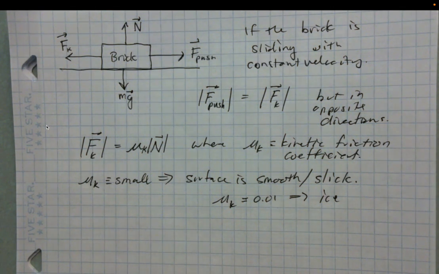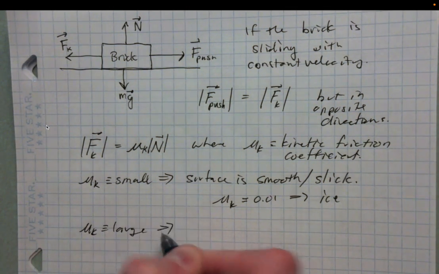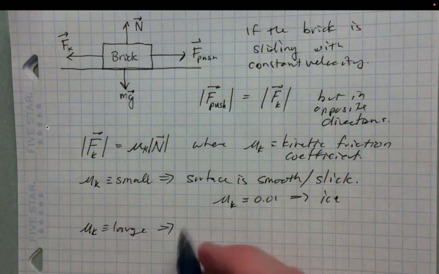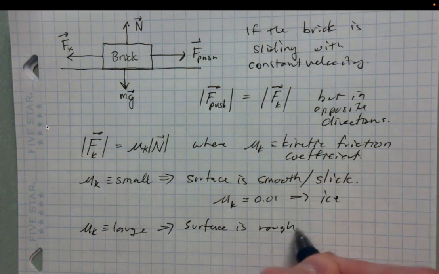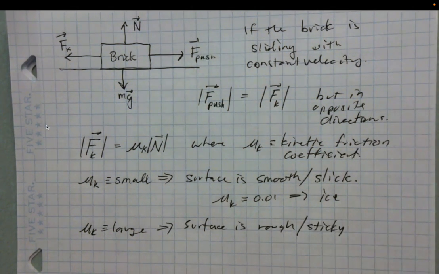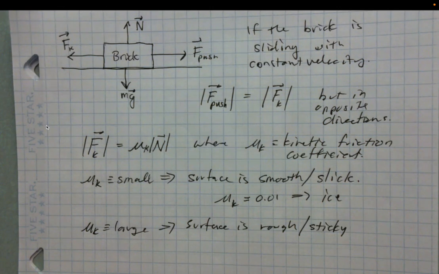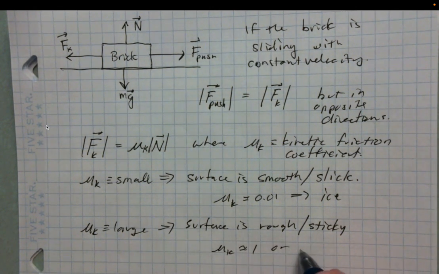Frictionless surface is probably not a real thing, but it can be very, very small, for all intents and purposes frictionless. And then, of course, if mu sub k is large, then we've got a rough surface, like sandpaper, or even sticky. Sticky would have a huge friction coefficient as well. So here we'd be talking about mu sub k approximately 1, or even larger than 1 in the case of something being sticky.